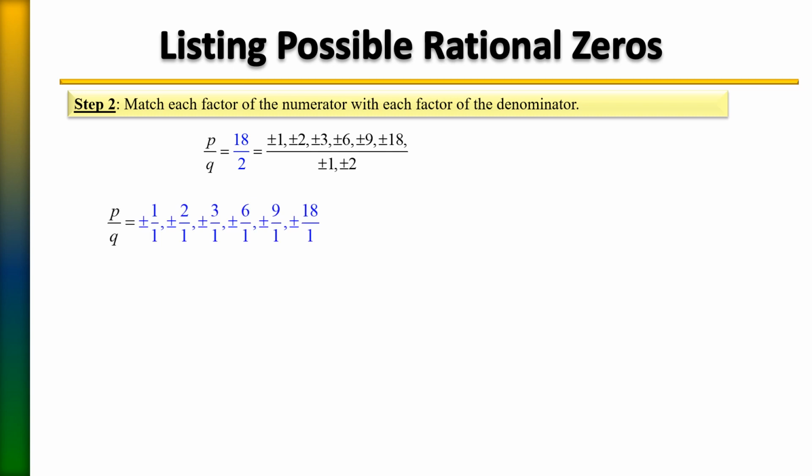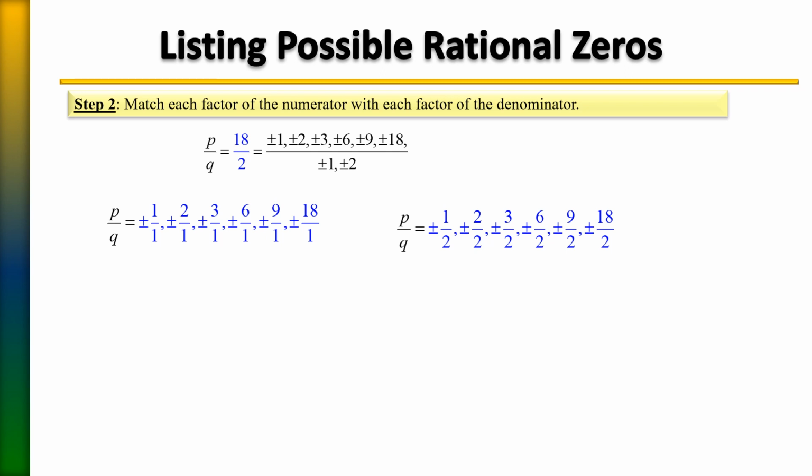And then we're going to write all those numbers again on top, but this time with a denominator of 2. All right, so these are really all the different possible rational zeros here, but we don't want numbers to repeat themselves. So let's take a closer look at what we have here. Basically, you should see that all of these numbers over 1 is just simply the number itself. So in other words, 1 divided by 1 is going to equal 1. 2 divided by 1 is going to equal 2, and so forth.